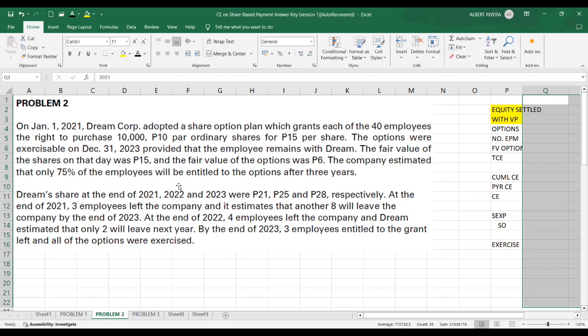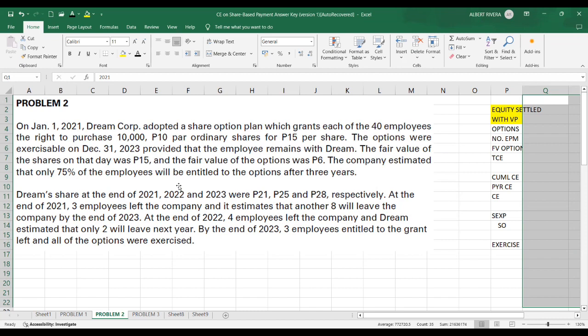Okay, so let's dissect the problem. Is this an equity settled or cash settled? This is an equity settled transaction because the company will provide share options. Does this vest immediately or not? This does not vest immediately. Why?